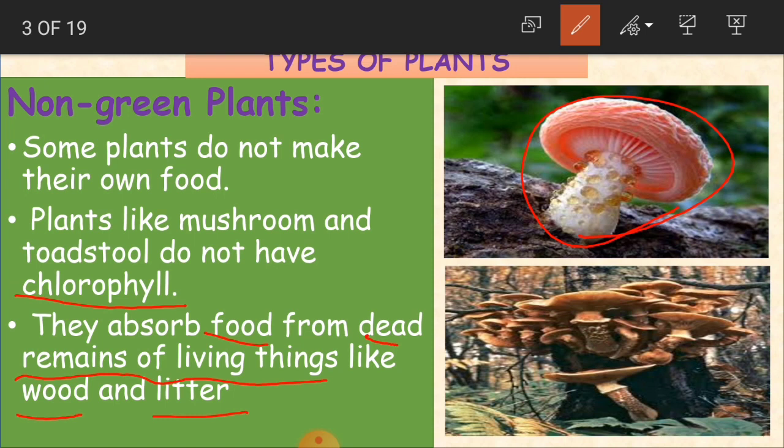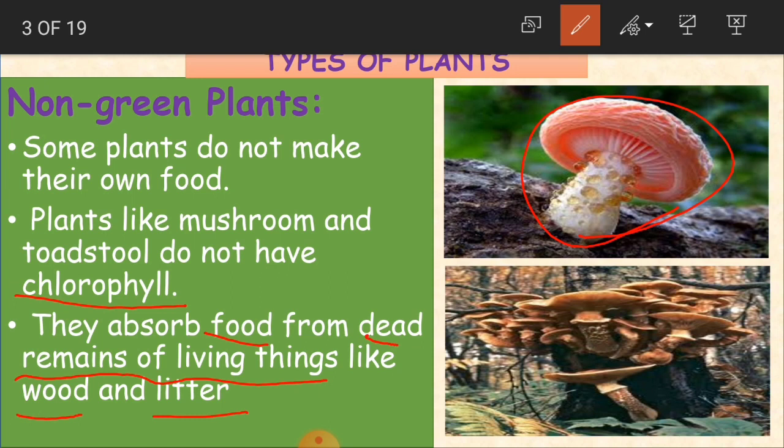If it is spoiled, very old and thrown away as waste, that type of wood. And litter, all the garbage places where we throw waste, bottles, papers, whatever the waste. From that waste these non-green plants get their food.